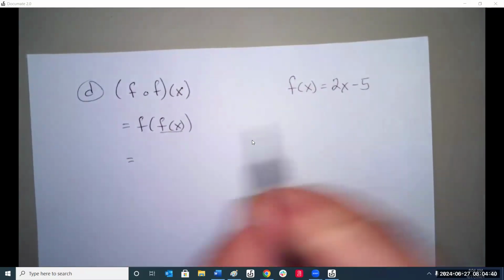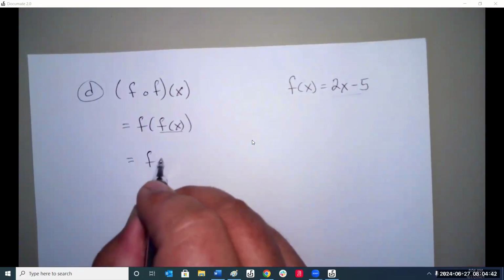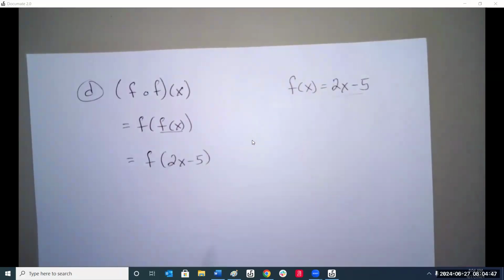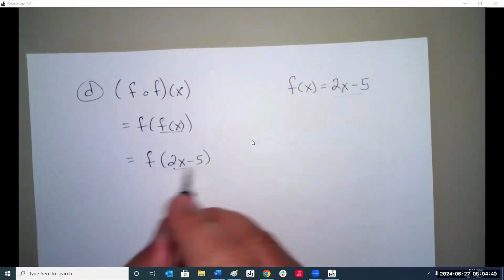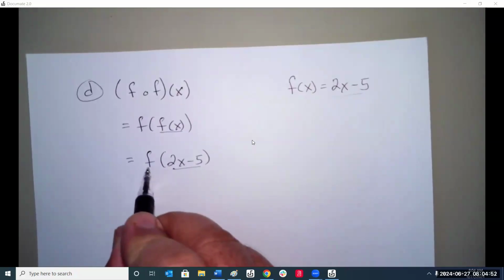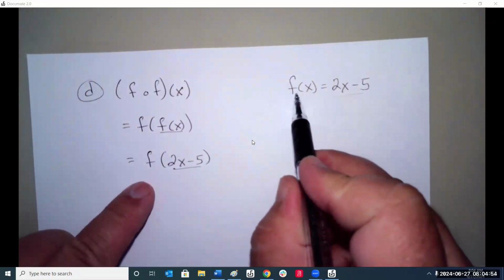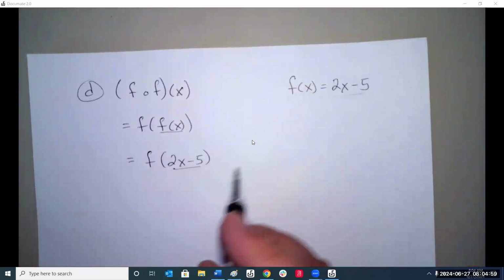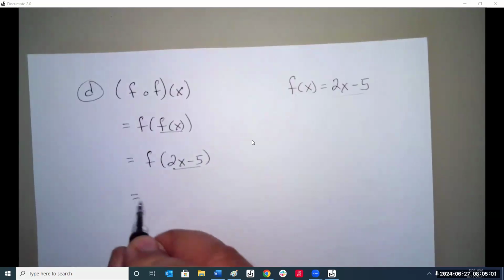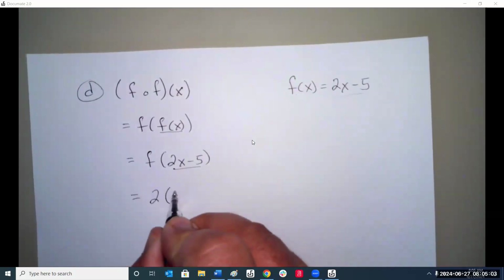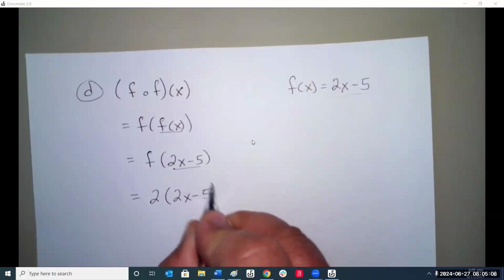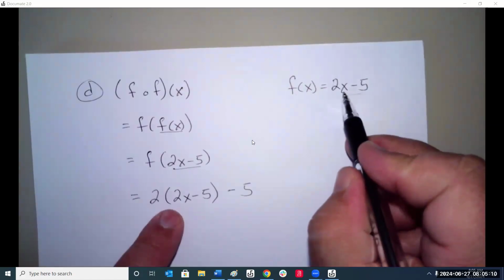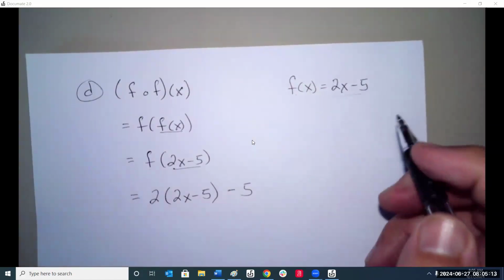What is f of x? f of x is this equation. So inside there, we put what f of x is. So now, in place of x in our function, we have function f, and anything inside the parentheses is the x. So anywhere I see an x, I put this equation. So it's 2 times 2x minus 5, minus 5.